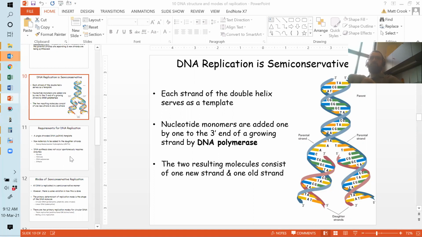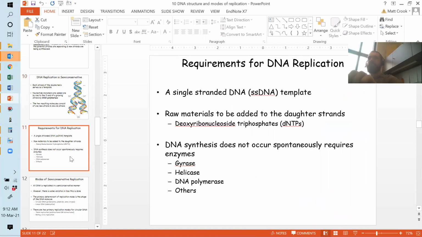All right, so essentially we've got a bunch of things that we need to replicate DNA. Obviously, we need a template, and that template has to be single-stranded. DNA is a double helix. If I can try and do it with my fingers, it's double-stranded DNA.